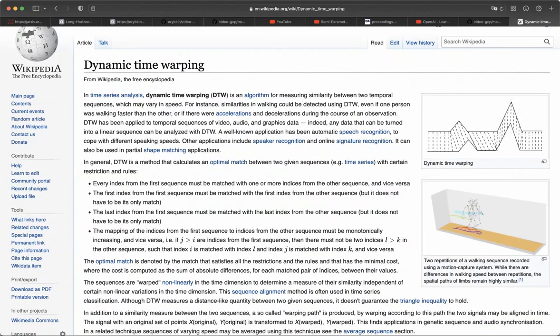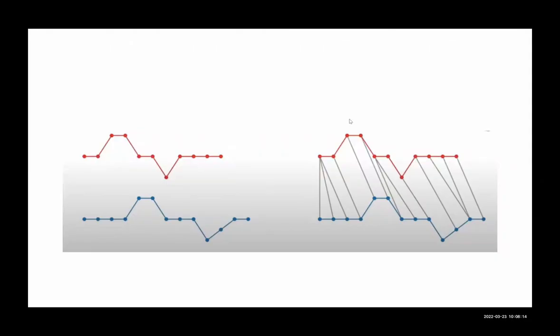Dynamic time warping basically allows us to align two signals of different durations. The dynamic time warping algorithm takes in two signals and outputs something similar to what is shown in the figure on the right. The gray lines tell us which points on one curve correspond to the points on the other curve.